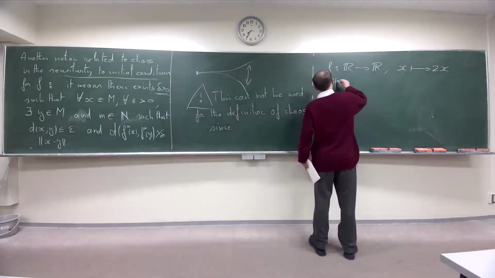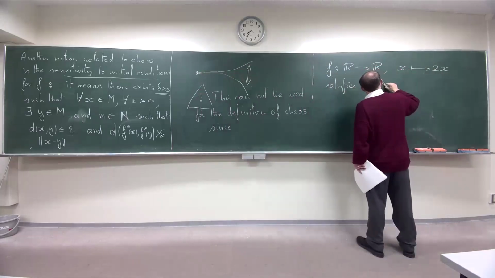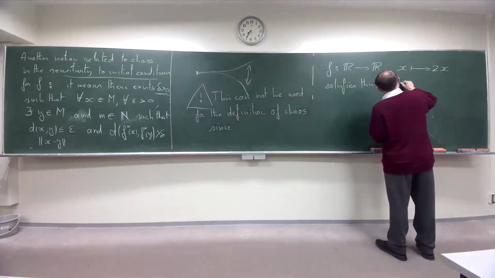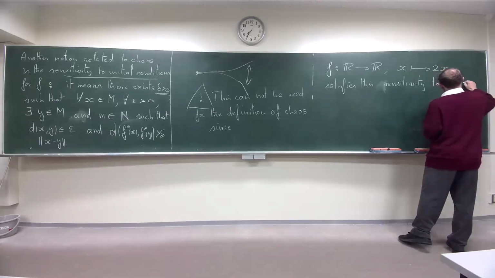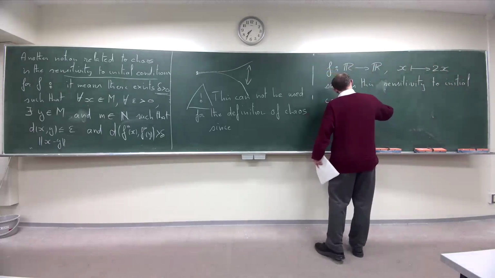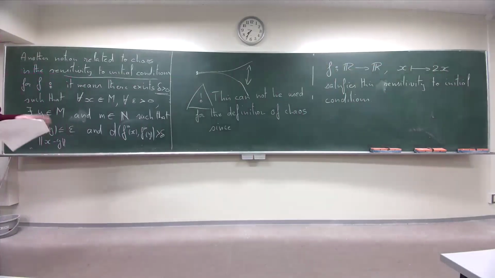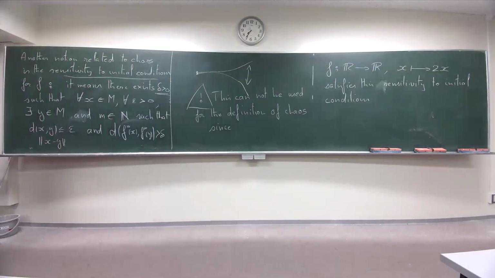It satisfies this property, this sensitivity to initial condition. Check that this definition is satisfied by this function. So indeed, you should not take this just as a definition of a chaotic map, because then this function would be chaotic, and this is probably not what you want to see.